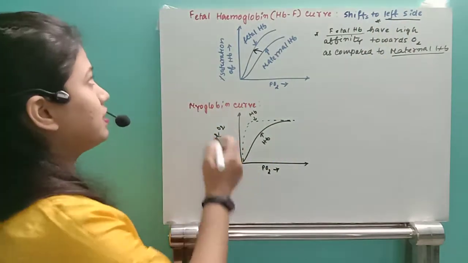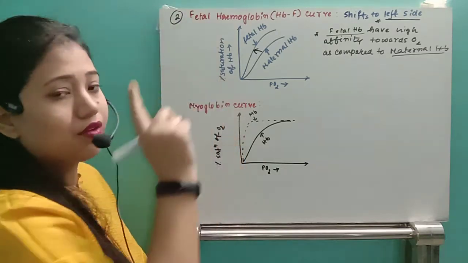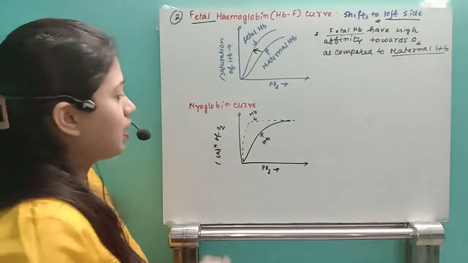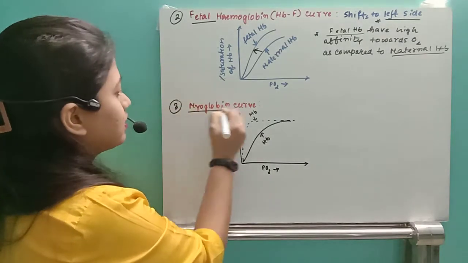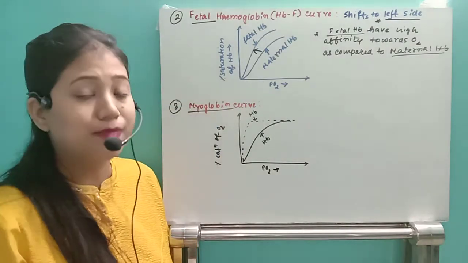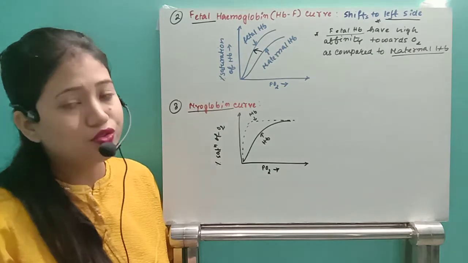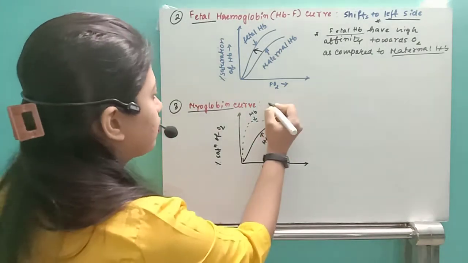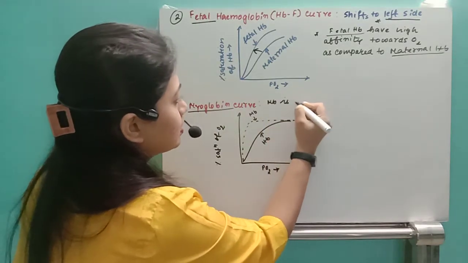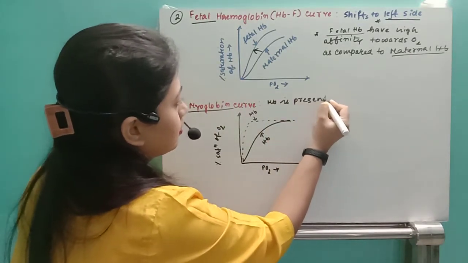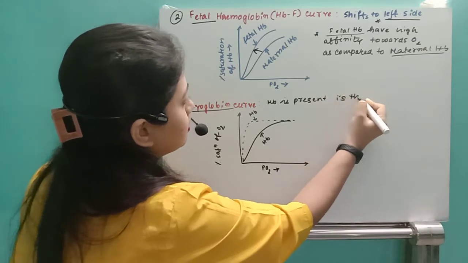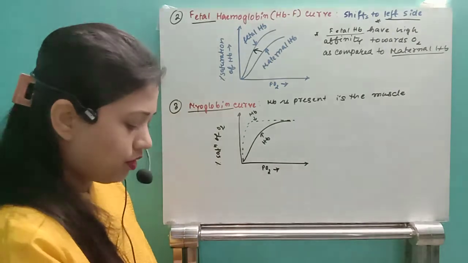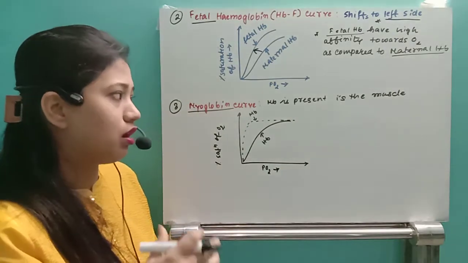Only this needs to be remembered. So this is the second curve. The first curve we have already discussed, the second curve is the fetal hemoglobin dissociation curve, and the third one we will see is the myoglobin curve. What is myoglobin? Myoglobin is also a respiratory pigment, present specifically in the muscles. Remember that myoglobin is present in the skeletal muscles.